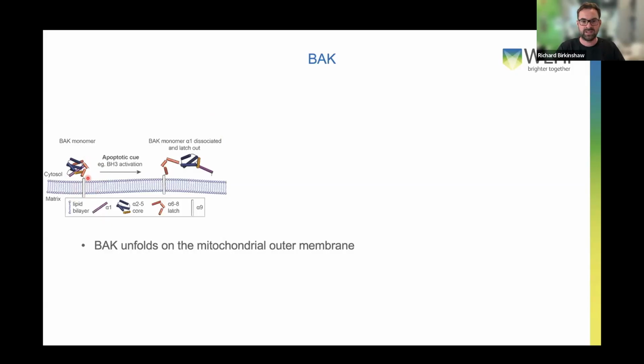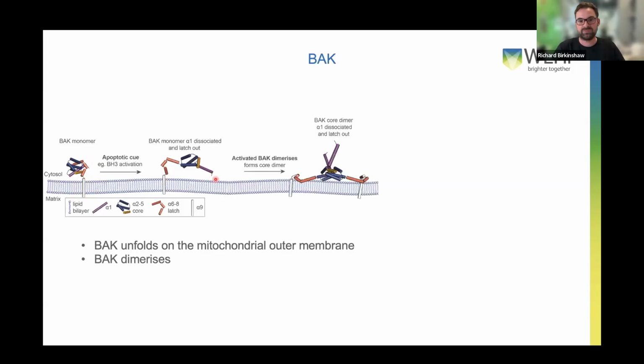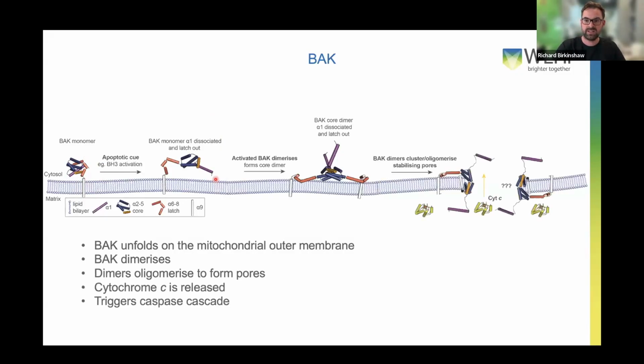This can then go on and interact with BAK, causing it to dissociate from VDAC and unfold. These then unfolded BAK molecules can find one another, homodimerize, and then these homodimers form pores in this outer mitochondrial membrane that release cytochrome C.